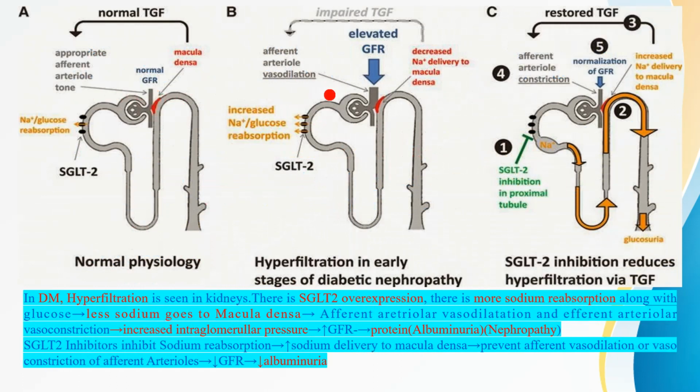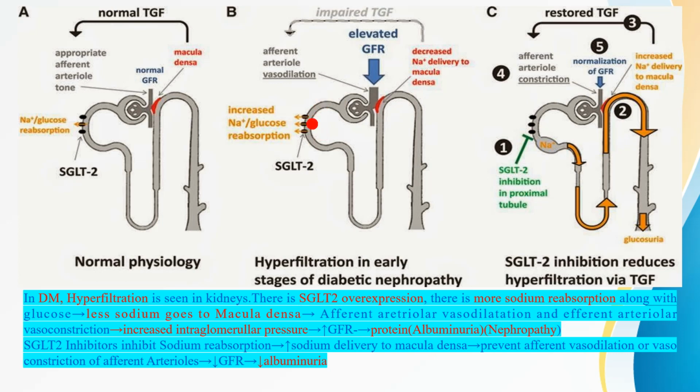We know that the early diabetic changes in kidneys are hyperfiltration. This hyperfiltration is because of SGLT2 overexpression. Means in a diabetic patient in the early stages there is overexpression of the SGLT2 receptors in the proximal convoluted tubule.